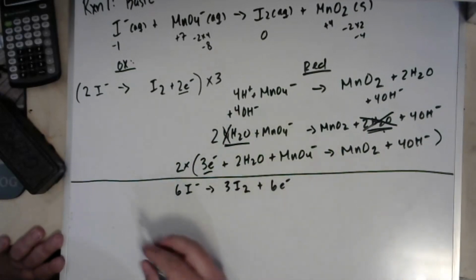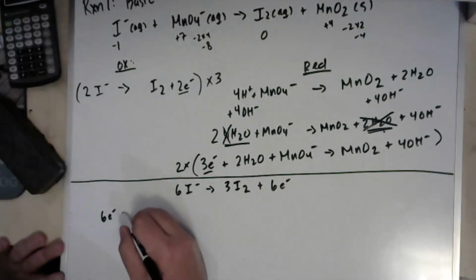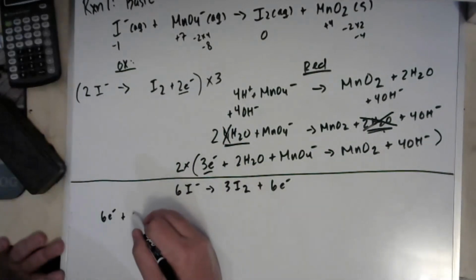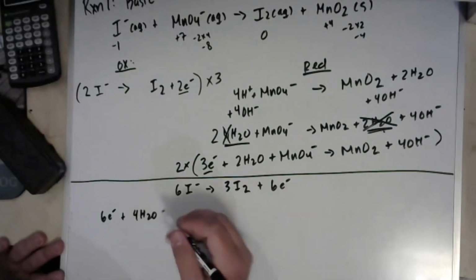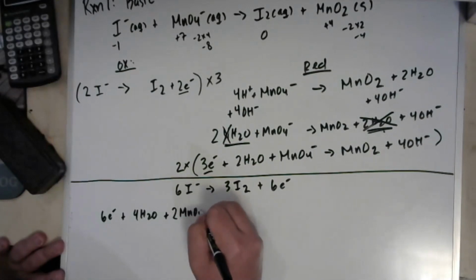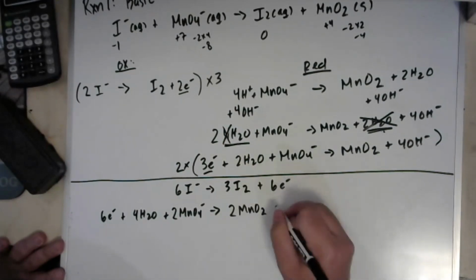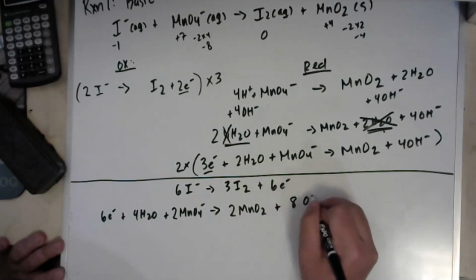And for my reduction half reaction, I'm going to end up with 6 electrons plus 4 waters plus 2 permanganate ions gives me 2 MnO2 plus 8 OH-.